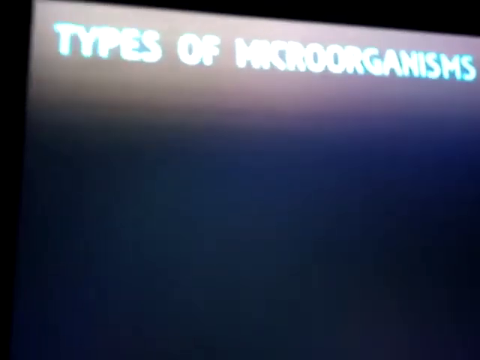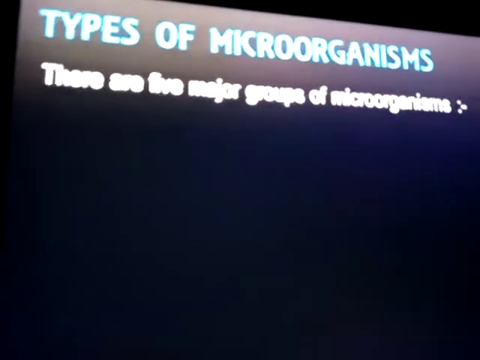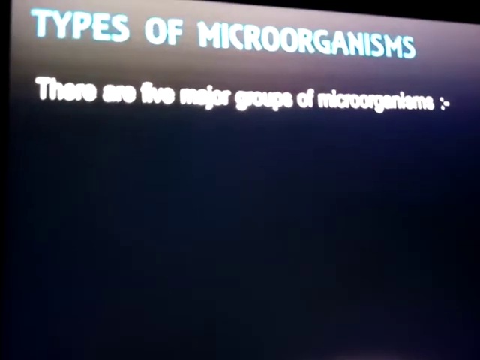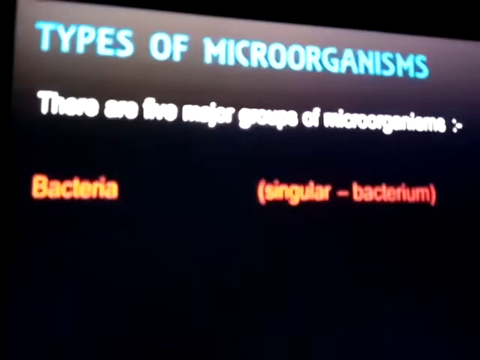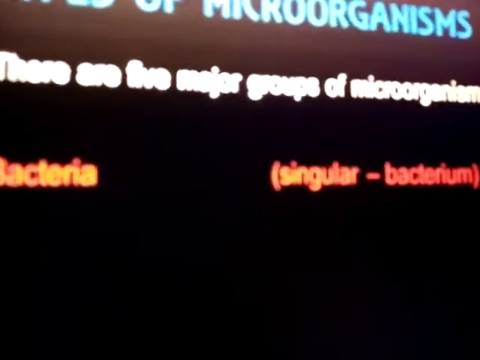Now children, we are going to see the types of microorganisms. There are 5 major types: algae, fungi, protozoa, viruses and bacteria. Bacteria is a plural form; singular, it is called bacterium. Algae, plural; singular, it is called alga.